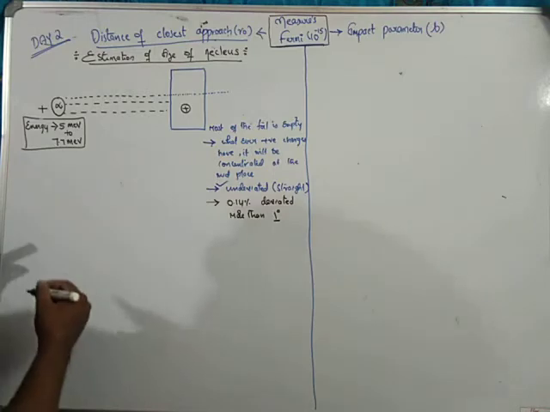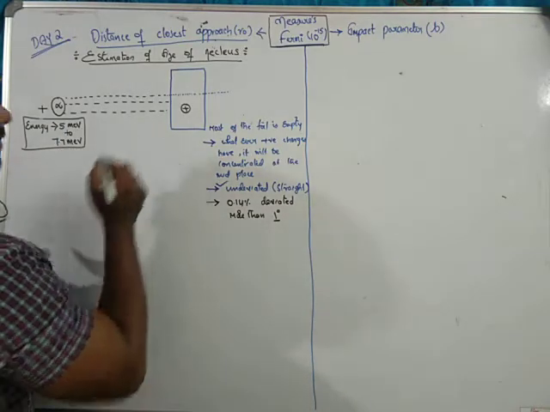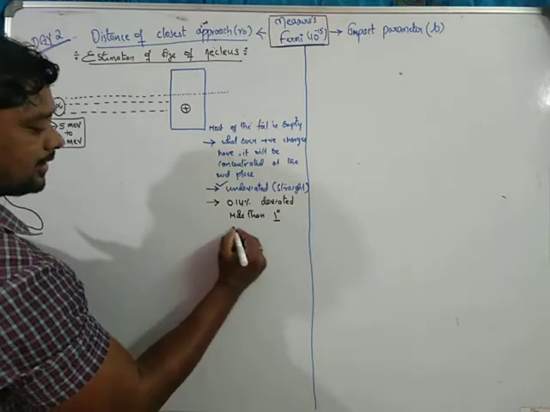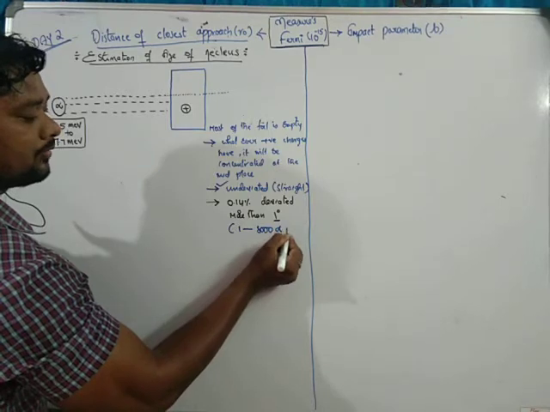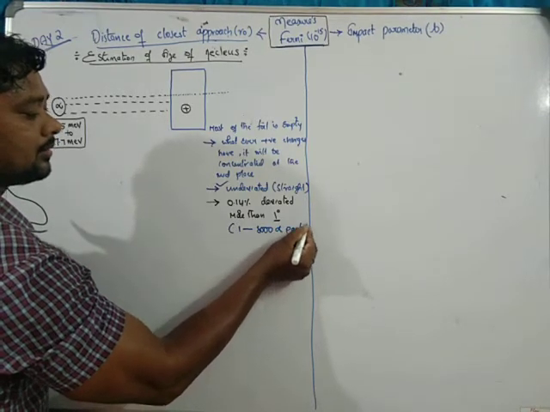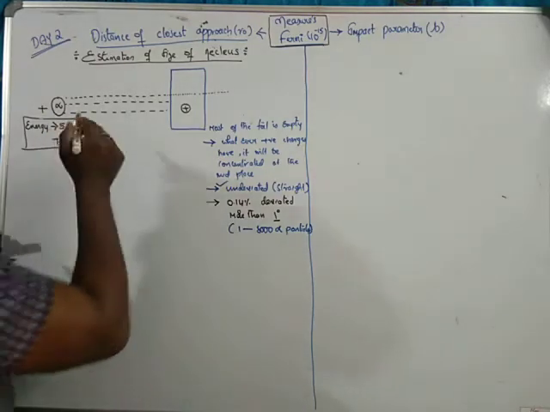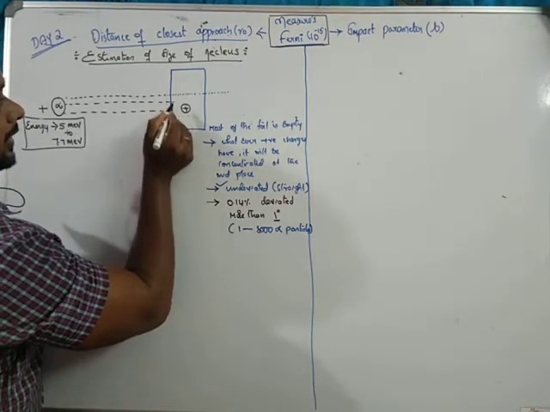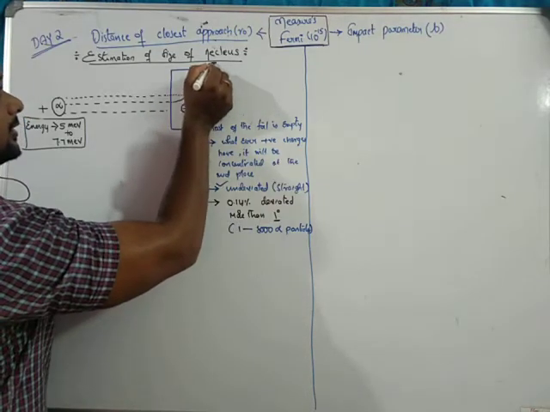If you consider the second point, the deviation we consider as 1 in 8,000 alpha particles. So here we have millions of signals. Among them, whenever one reaches the positive charge, automatically it will be deviated.